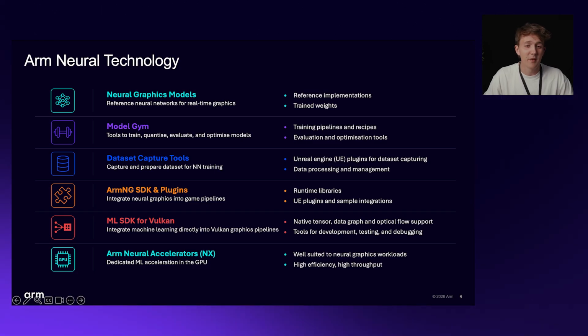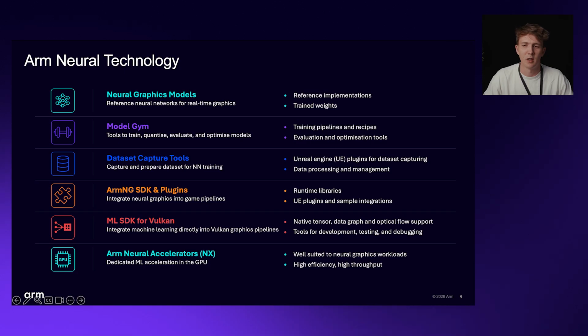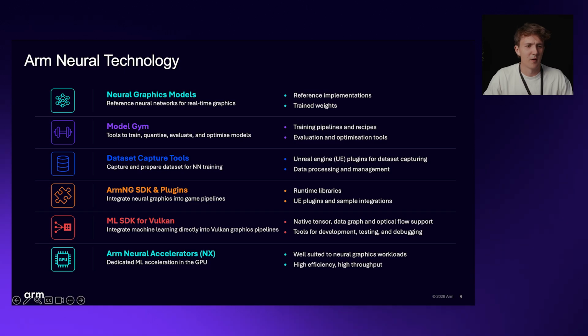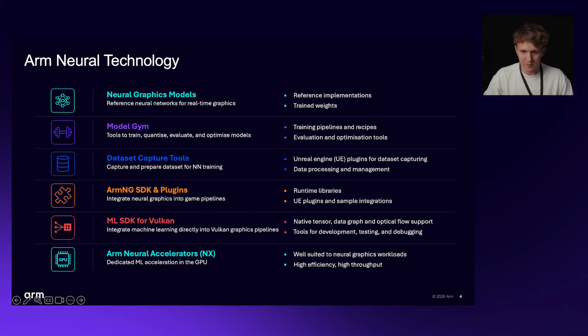If you want to go a level below that, we have the ML SDK for Vulkan, and this enables efficient machine learning workloads to be run directly within a Vulkan graphics pipeline. Beneath all of this, we have Neural Accelerators. So this is dedicated ML capability in the GPU, well suited to running graphics and ML workloads nice and efficiently. And devices will be available soon.